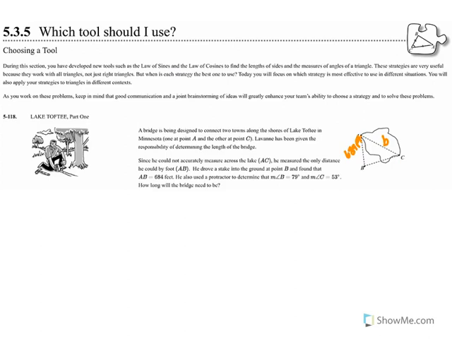He also used a protractor to determine that the measure of angle B is 79 degrees. And the measure of angle C is 53 degrees. How long will the bridge need to be?